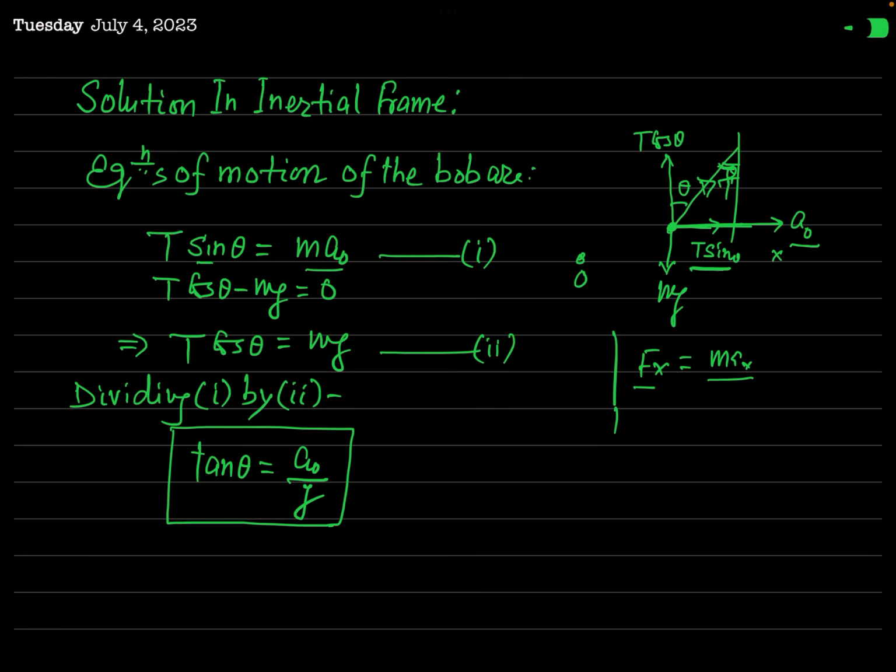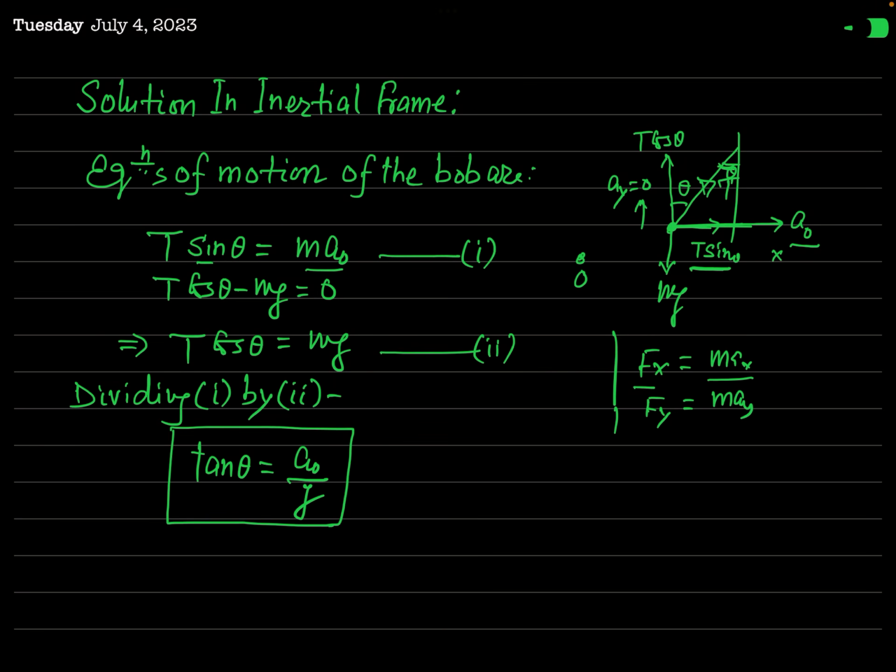Okay. Again, this observer also finds that the bob has no acceleration in this vertical direction. And for vertical direction, we will write equation of motion like this: Fy equal to may. But what is this Fy?